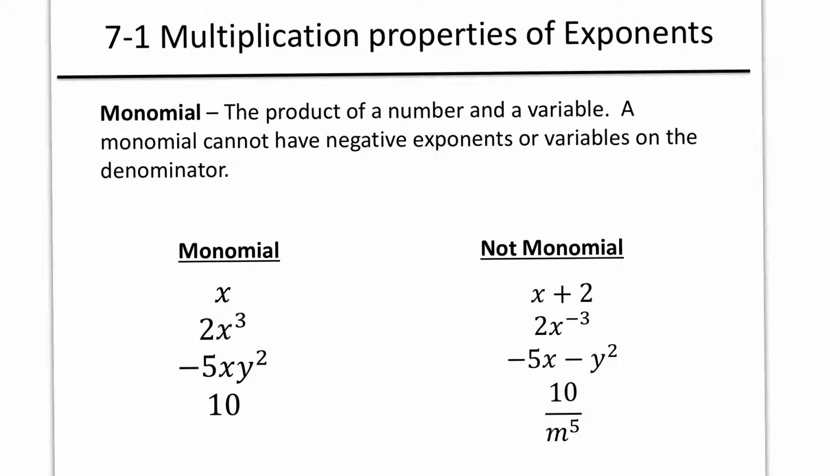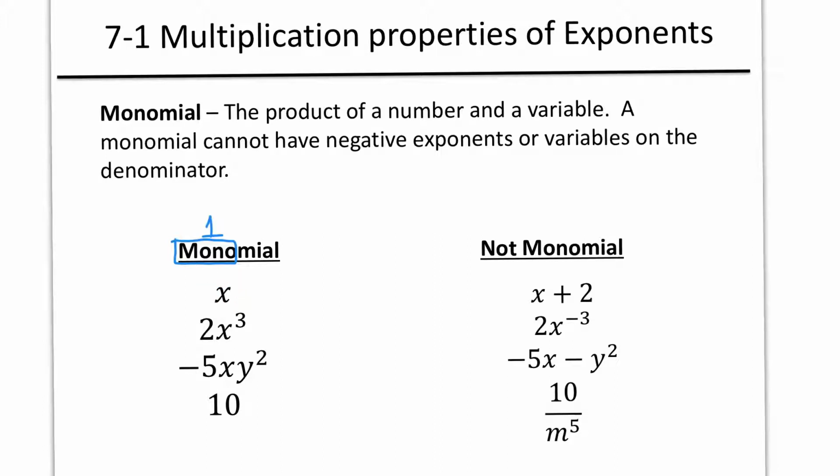If you look at the root word mono, it means one. I'm just going to circle that for you guys so you can see. Mono means one. So a monomial is when you have only one term with a number and a variable. Let's look at the first one, x, just the regular x.